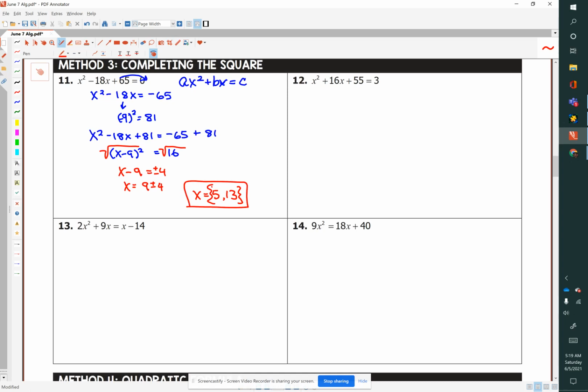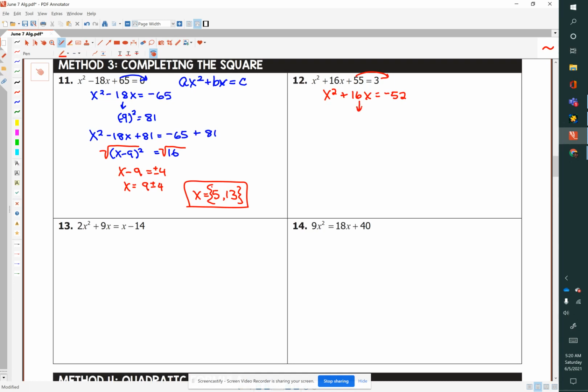So let's do another one. So we have to move 55 over to the right side of the equation, and that will make that negative 52. So we will have x squared plus 16x equals negative 52, because we had to move 55 over. That gave us negative 55 plus the 3 that was already there is negative 52.